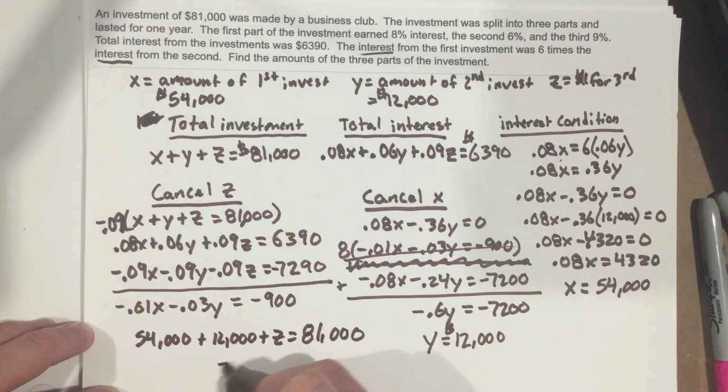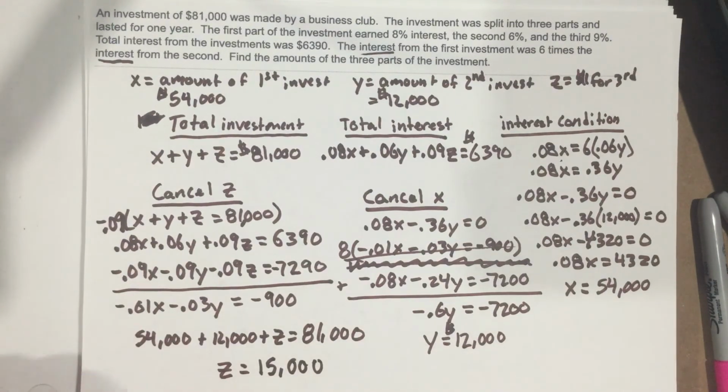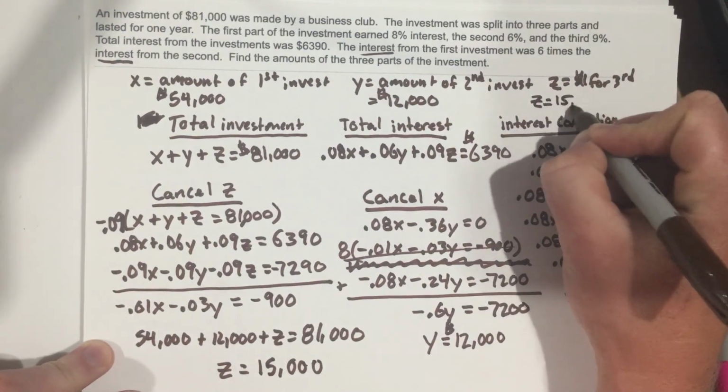So 81,000 minus 54,000 minus 12,000 is 15,000. So z is 15,000.